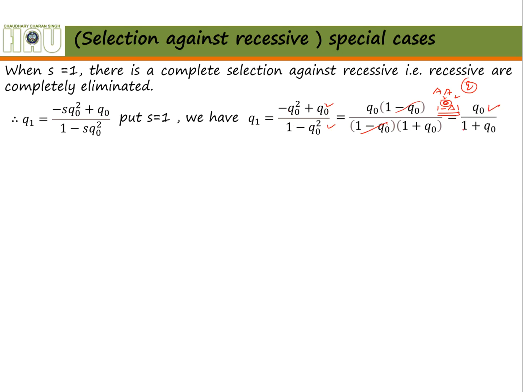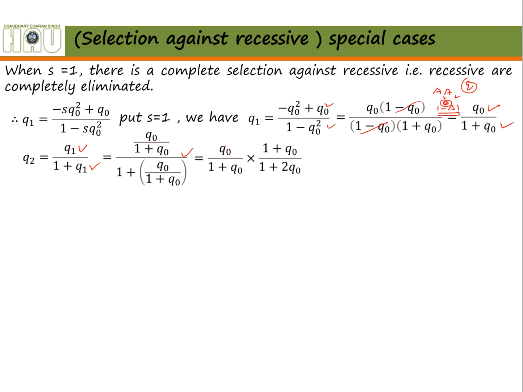So I will get q1 is equal to q0 upon 1 plus q0. Similarly, in the second generation, q2 can be obtained in a similar way, q1 divided by 1 plus q1. And if I substitute the value of q1, which is q0 upon 1 plus q0, I will get this expression.